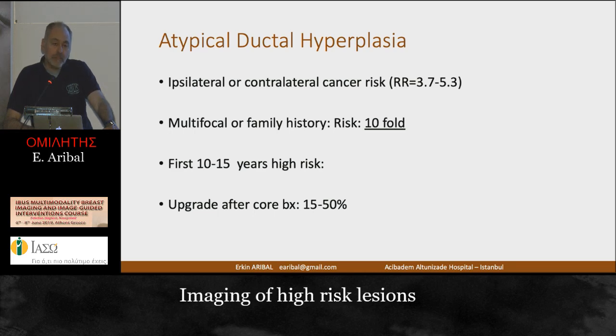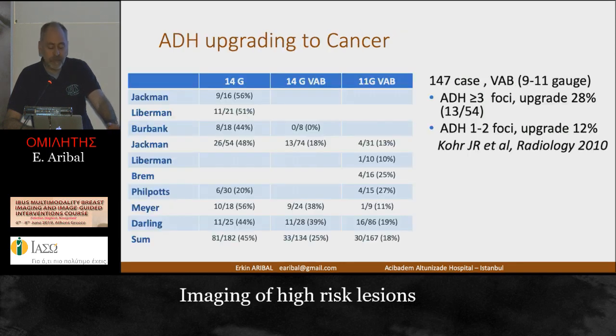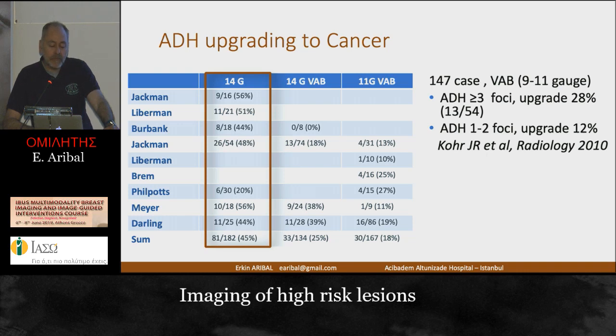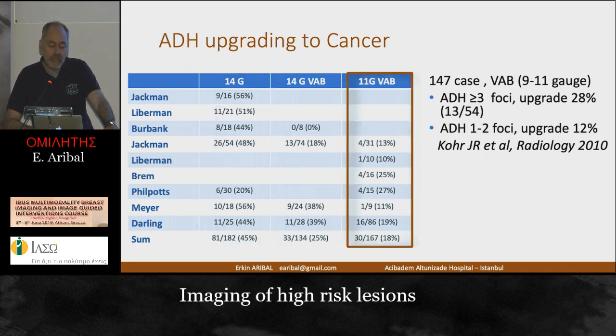An upgrade to cancer after core biopsy differs from one study to another. It's between 15 to 50%. But when you compare 14 gauge to 11 gauge, there is quite a difference in the upgrade to malignancy when you do the surgery, when you excise the whole area.